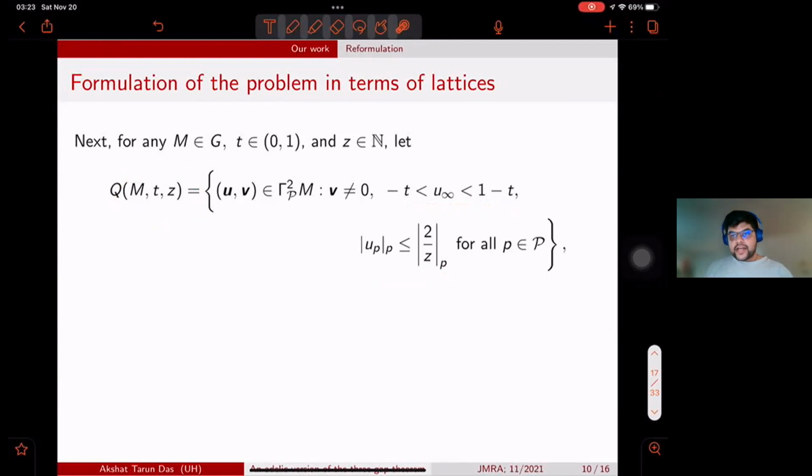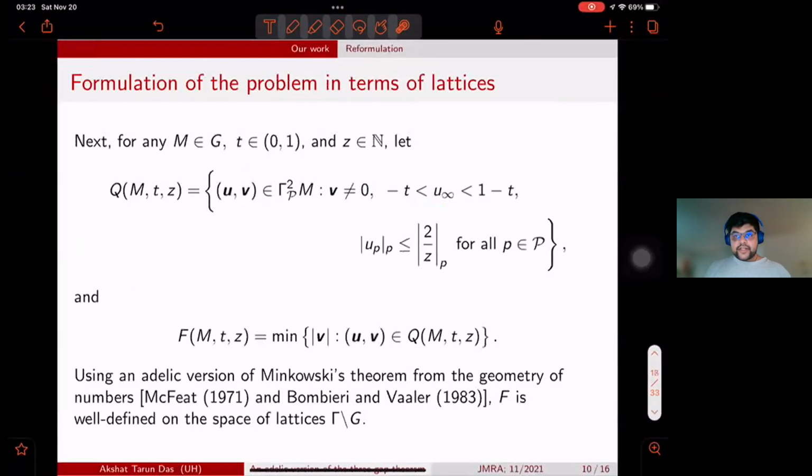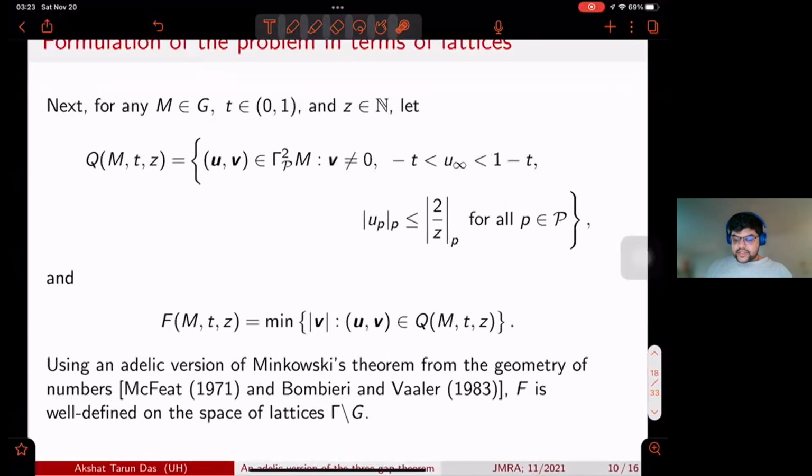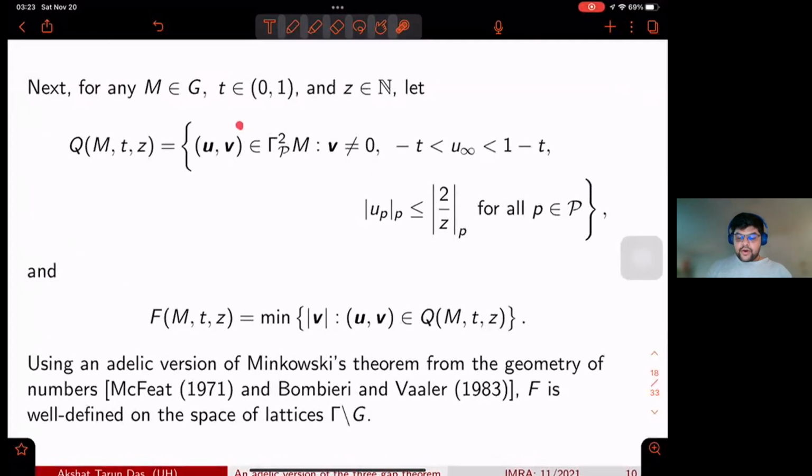So we go ahead and define a function, capital F, which is going to look at all the lattice points that are there in this set Q(M,t,z), and then take the minimum over the absolute values of the second component of these lattice vectors. So this is particularly a function on the space of lattices that we've taken.